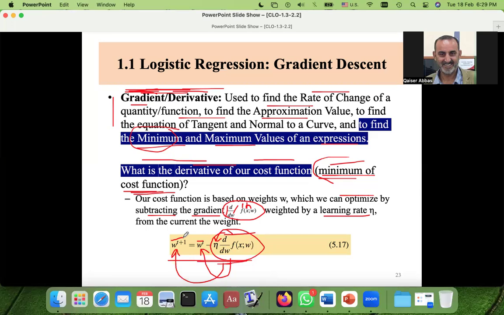You will take the derivative of your weight, whether it is 0 or not. There are some steps to take that derivative, and we will see that. Then you will multiply it with the learning rate. Then you will have new values, not 0. You will subtract these new values from these zeros, and when you subtract, you will have new values. But I'm sure it would not be 0.